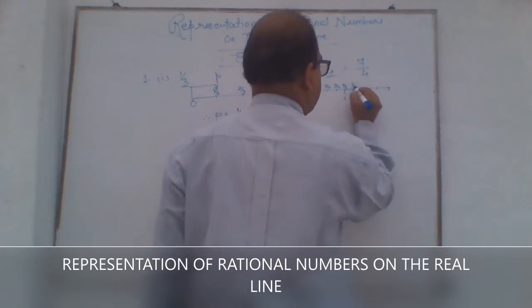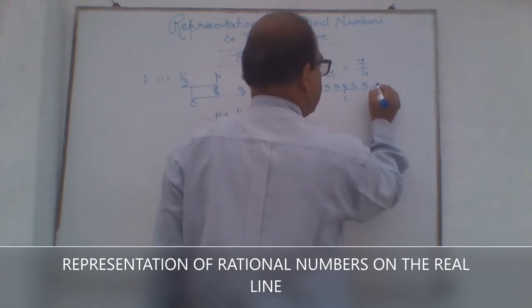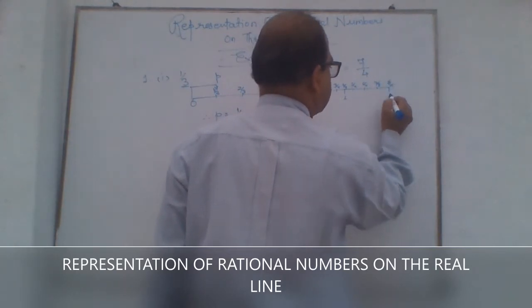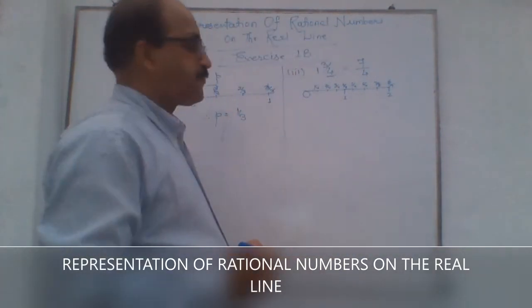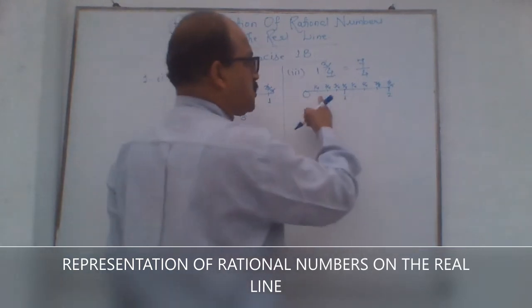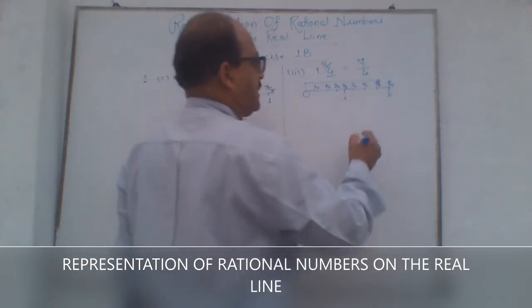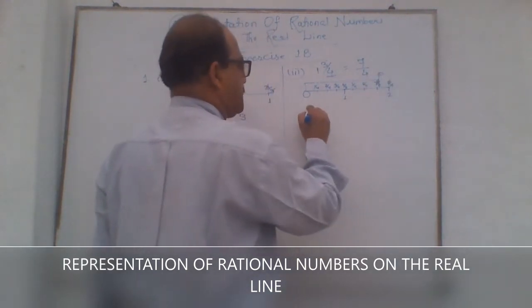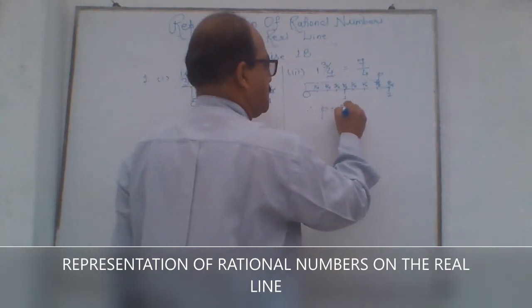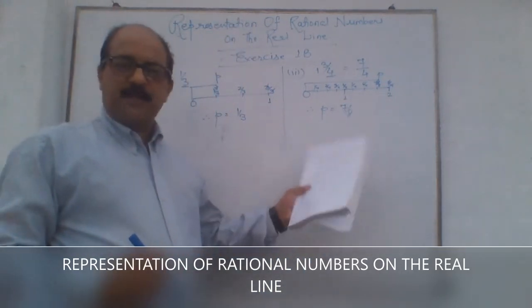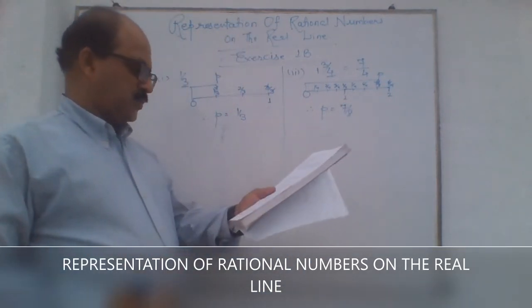Again 5 by 4, 6 by 4, 7 by 4 and this one 8 by 4, it will be cancelled and here it becomes 2. Now the required number is 7 by 4. So this is my answer and here P is equal to 7 by 4. This is the process which you can easily do.